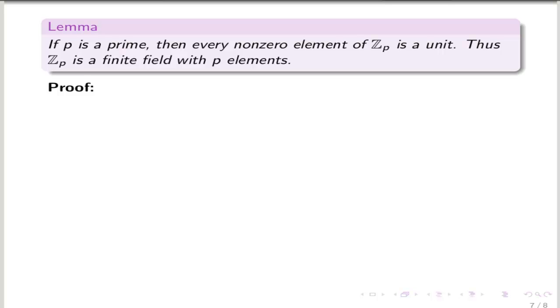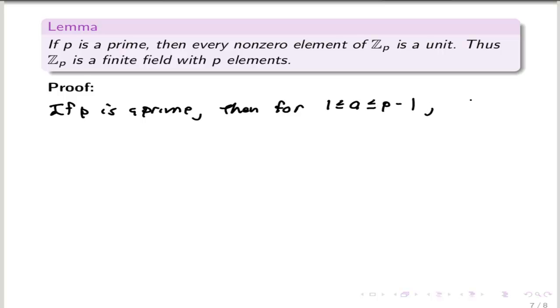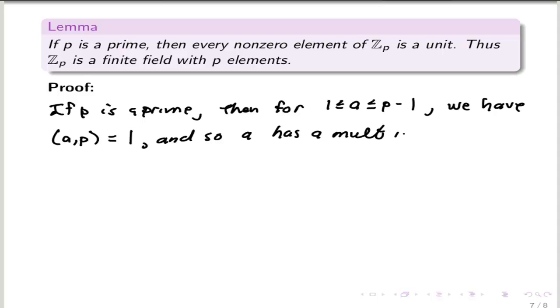Well, if p is a prime, then for 1 less than or equal to a less than or equal to p minus 1, we certainly have GCD of a and p equals 1. a and p have no common factor, and so a has a multiplicative inverse mod p.